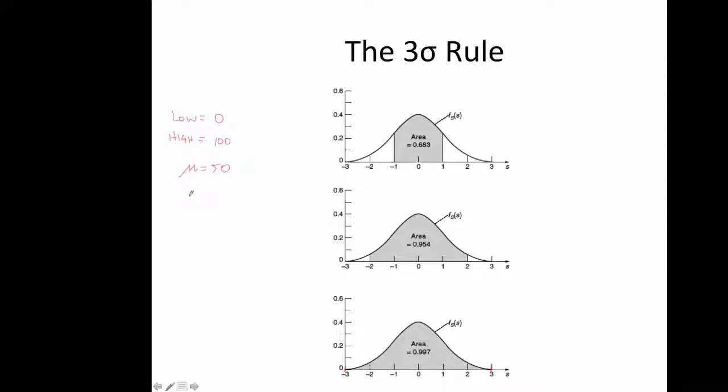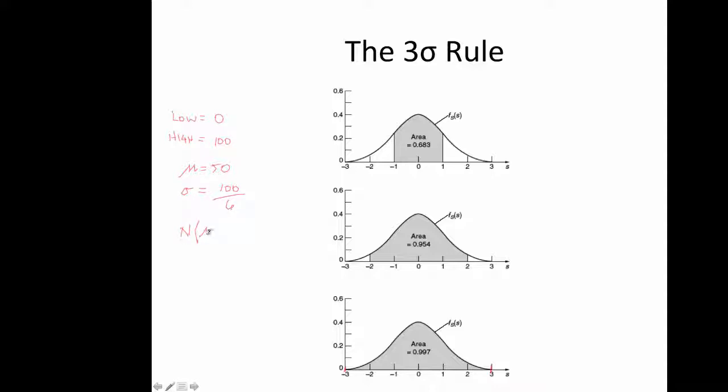And the standard deviation is simply going to be that range of the smallest to the largest, in this case 0 to 100, 100, divided by the number of standard deviations that cover all of this. And this number of standard deviations that cover the entire range is 6. So 100 by 6.